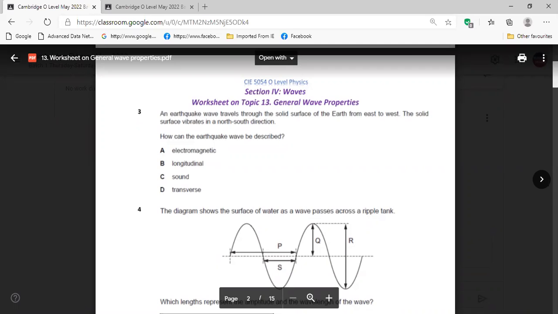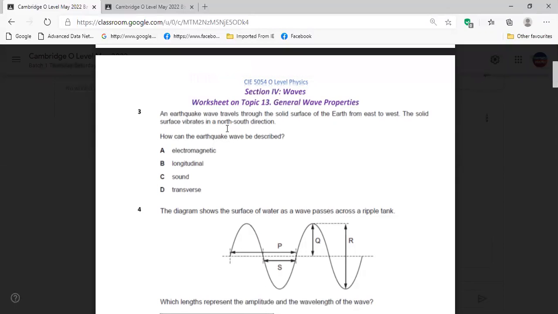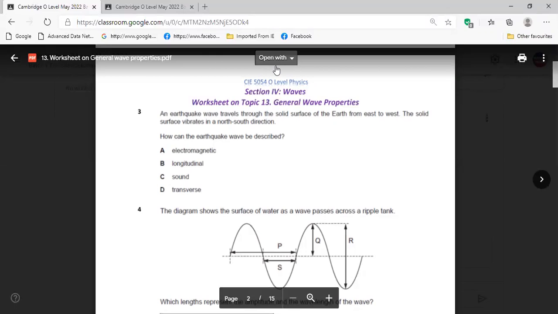Perpendicular. So what should be your answer? Oh, transverse wave. Yes. East-west is the wave direction, and the particles' vibration is in the north-south direction. That's why ours is transverse. Is it clear? Yes, sir.